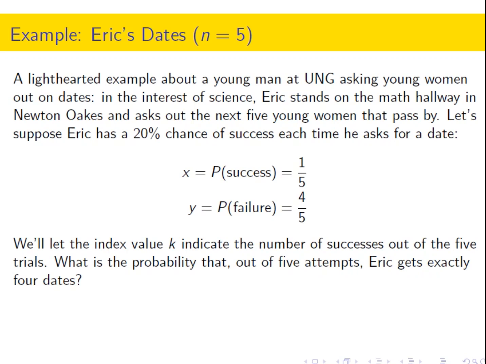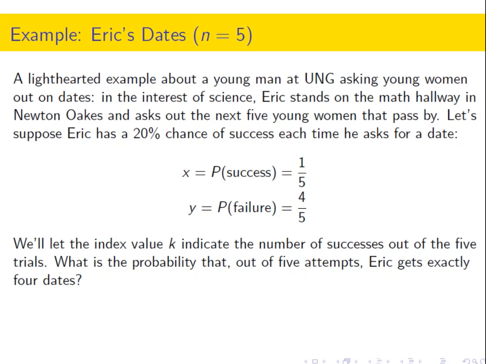And there were a couple of other people in the class. Lane was Eric's good friend. They were sitting next to each other in the front of the room, and Lane argued that 20% chance of success was way too high, that his buddy would have a much lower chance of getting a date. But let's just use 20% for the moment.